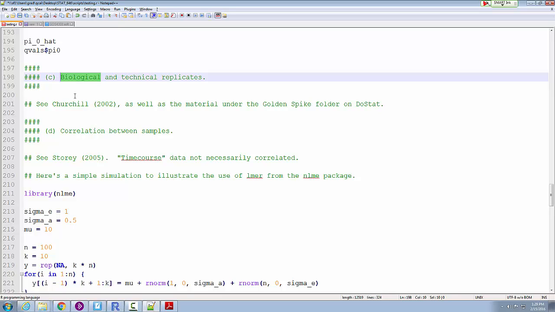Multiple measurements on the same person says nothing about that biological variability in the population, but it does tell us about technical variation in the process of turning their tissue sample into numbers. Both of those are important. You don't want either one of them to dominate things, or you won't be able to see anything.